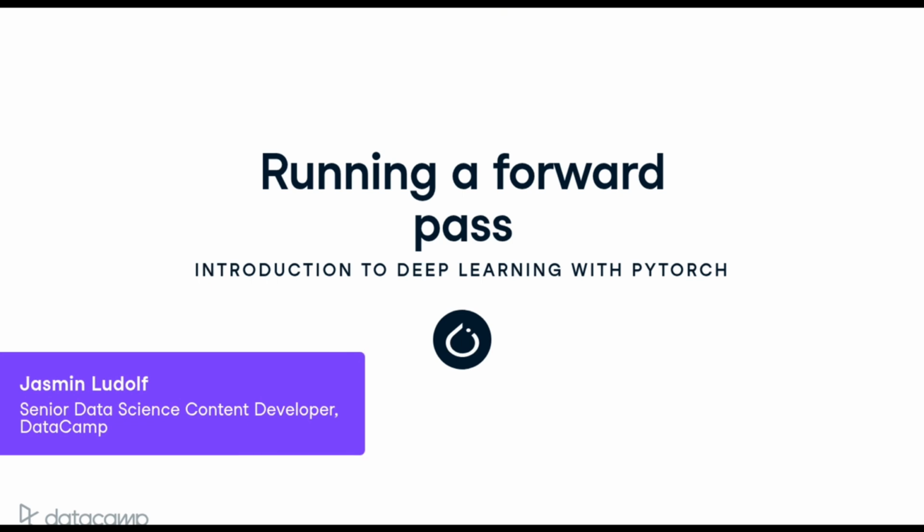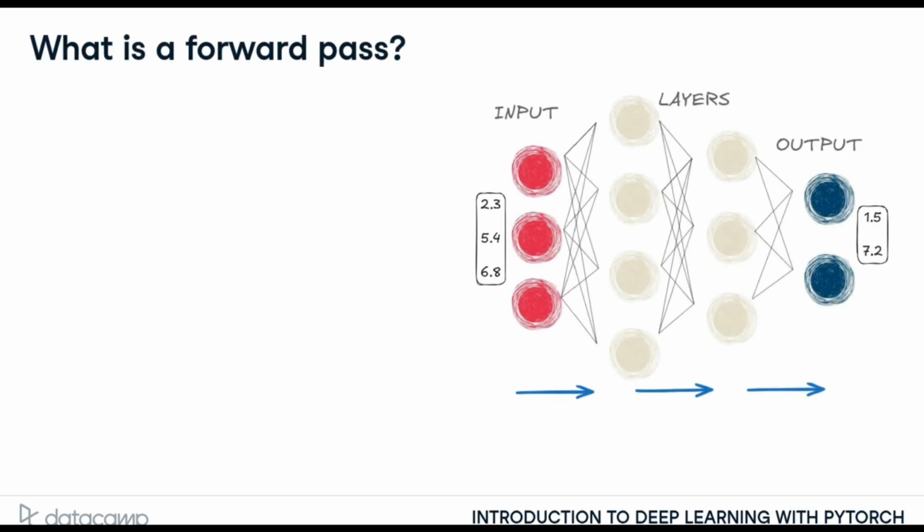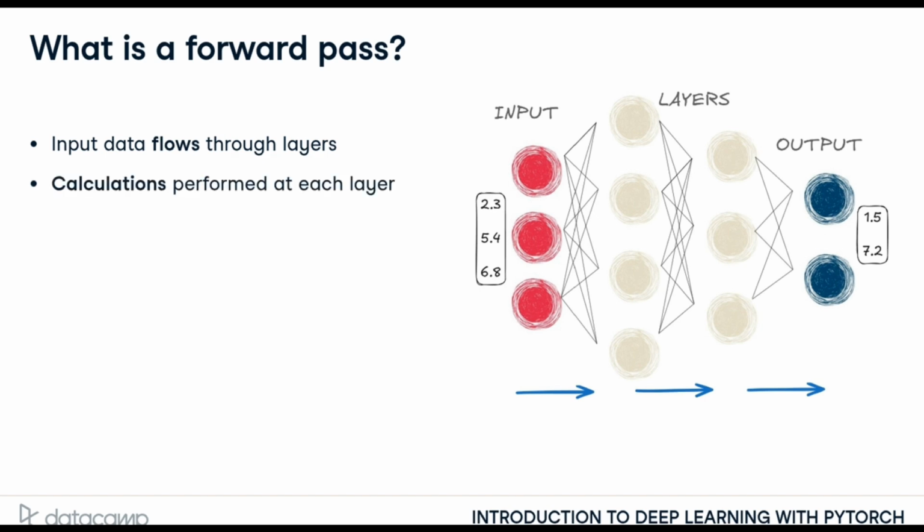This process is called running a forward pass through a network. When input data flows through a neural network in the forward direction to produce outputs or predictions, it passes through each network layer. Calculations transform the data into new representations at every layer, which are passed to the next layer until the final output is produced.